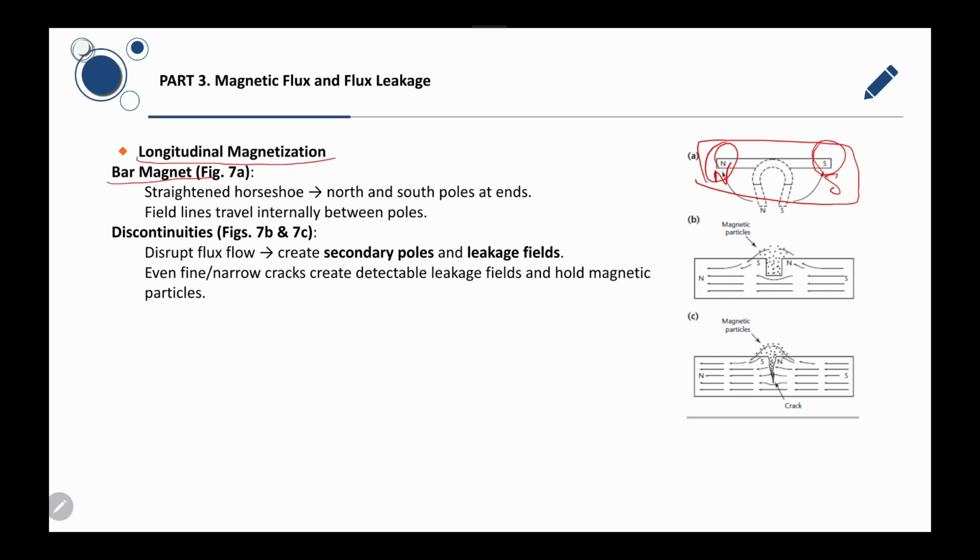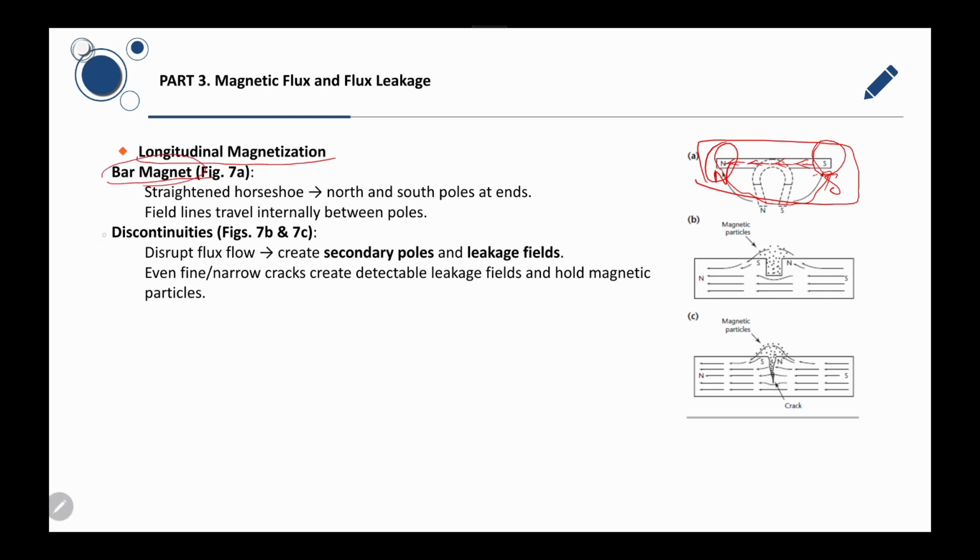The field lines travel internally between these poles within the magnet itself, and also externally in loops from north to south. Internally south to north and externally north to south. When we magnetize a long component from end to end, we are creating a longitudinal magnetic field. This is a bar magnet.